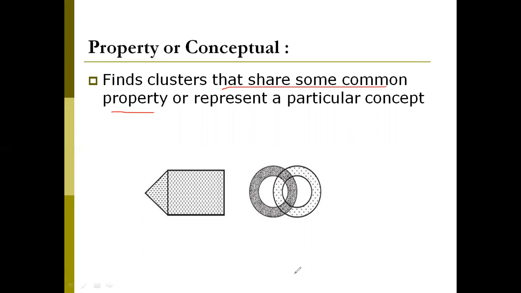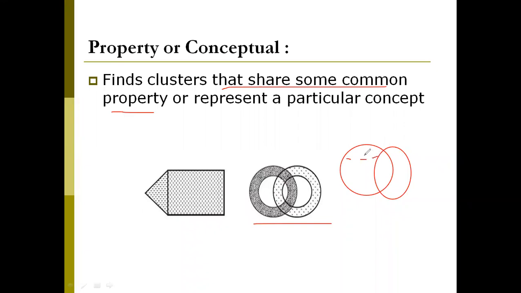For example, if you observe these data points, they belong to this group, which means this is an example of overlapping clustering. What is overlapping clustering? If you have two clusters, this is one cluster and this is another cluster. These two clusters may have different data points, isn't it?